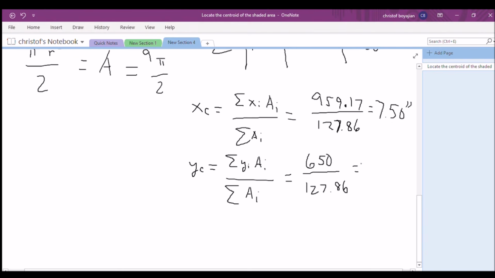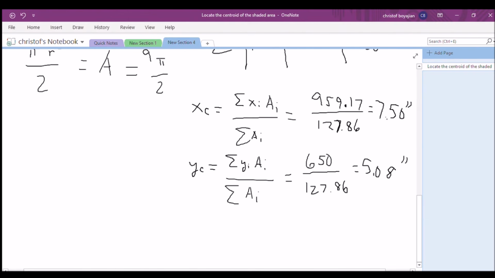And our y coordinate is 650 divided by 127.86. That gives us 5.08 inches. 5.08. Draw a better 8. There we go.